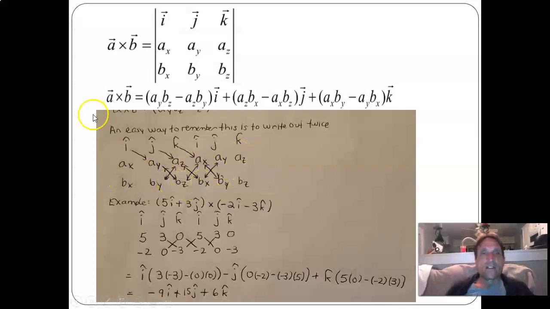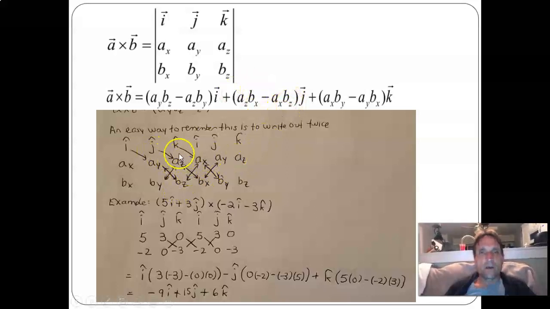To get the I component, we take the diagonal, we shift one to the right, and it's AY BZ minus AZ BY. To get the J component, we go one over and do the diagonal, AZ BX minus AX BZ.